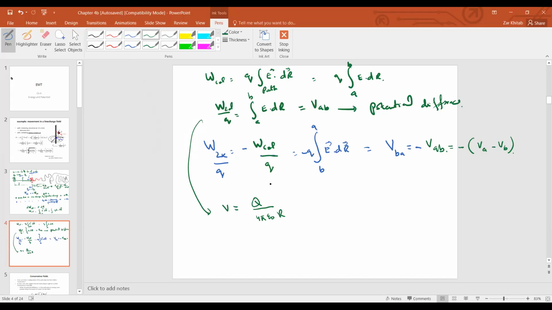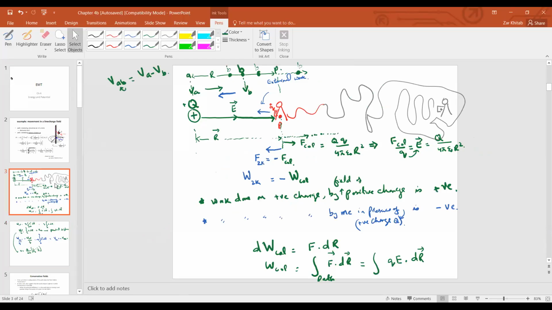And really this could be 1 over RA minus 1 over RB. Okay, so 1 over RB minus 1 over RA. Okay, so this is the potential difference you are looking for.